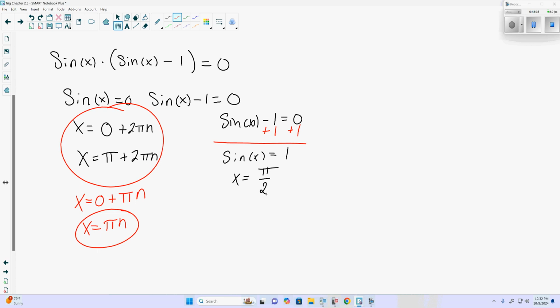The reason for that is because straight up on the y-axis is our sine value of 1. Straight down, 3 pi over 2, is not 1, but negative 1. Those are two different values. So here, because sine of x equals 1 or negative 1, and cosine equals 1 or negative 1, there will only be one angle. Pretty much the rest have 2. Those are the only ones that don't. And those are our answers.